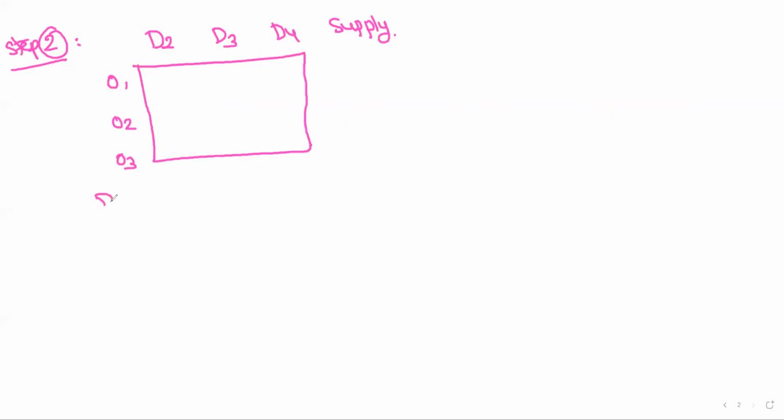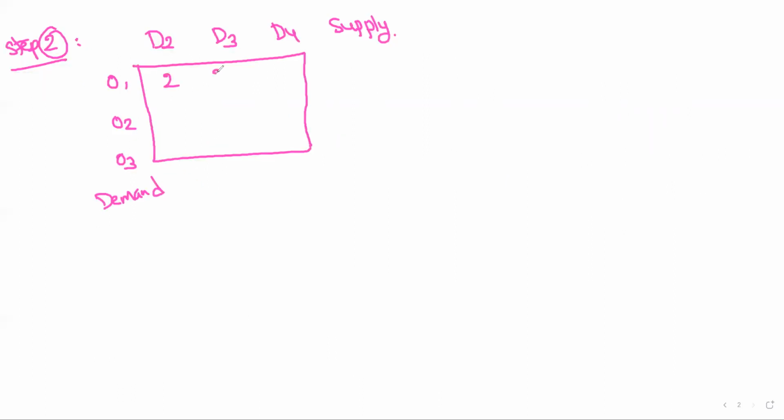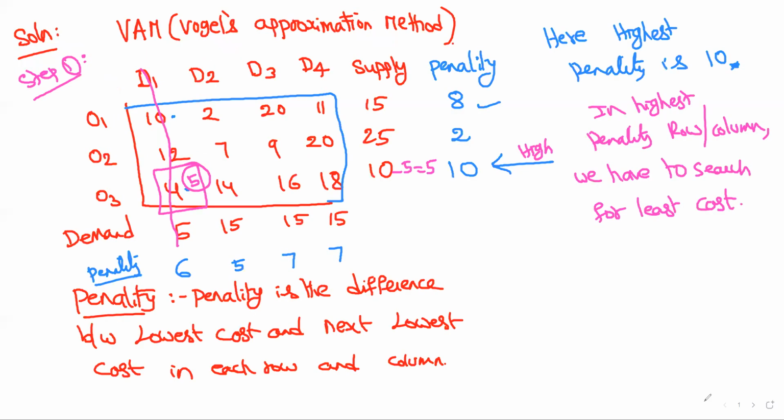First row: 2, 20, 11, 15. Second row: 7, 9, 20, 25.